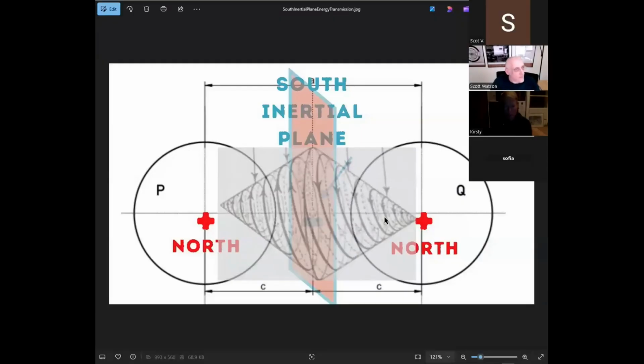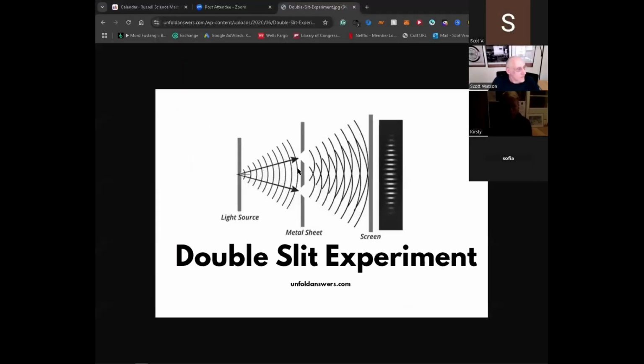But okay, so anyway, now I want to go back to the double slit experiment. So if we keep this in mind, let's take this graphic back off here. All right. Well, anyway, back to the double slit experiment. After studying Walter's concept, I went back and I looked at the double slit experiment.